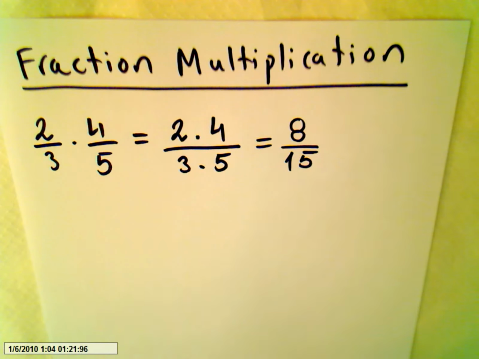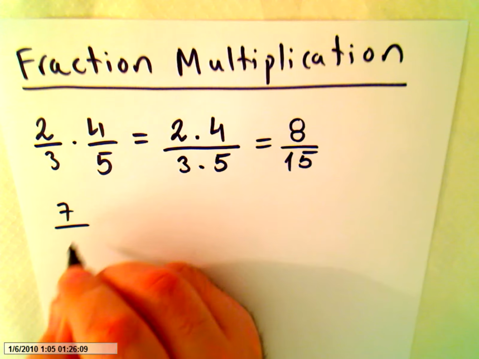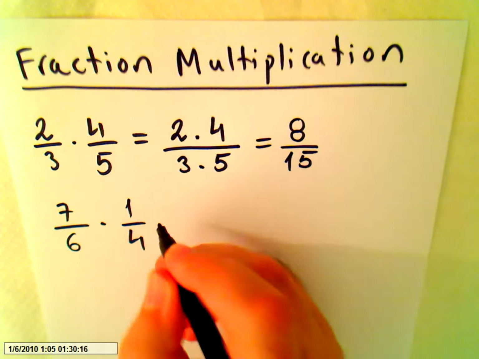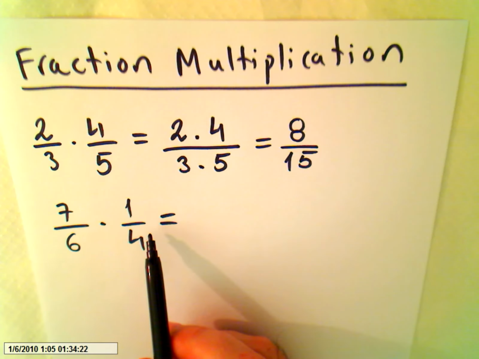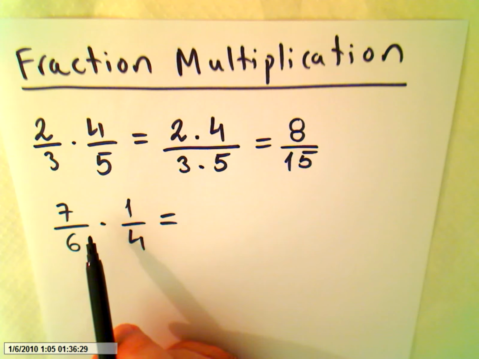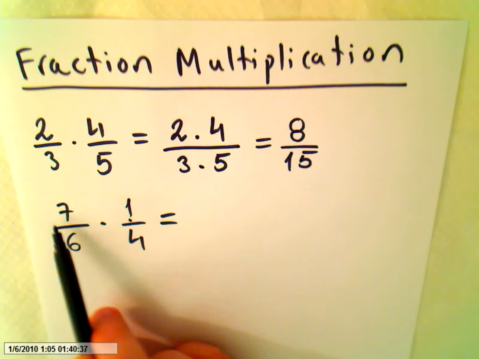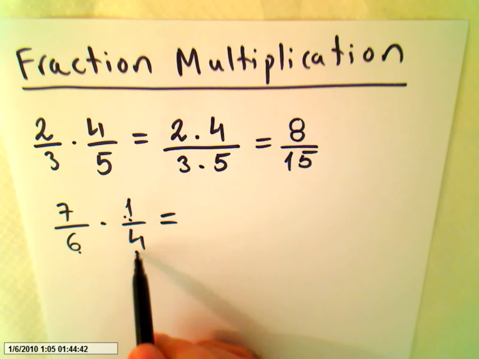Let me give you another very simple example. 7 over 6 times 1 over 4. So we have to multiply straight across the numerators, these top numbers, and then the denominators, the bottom numbers.